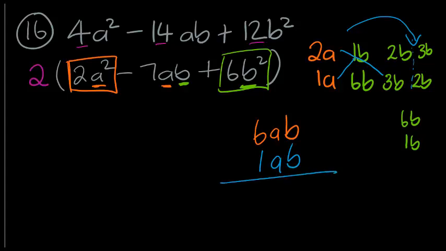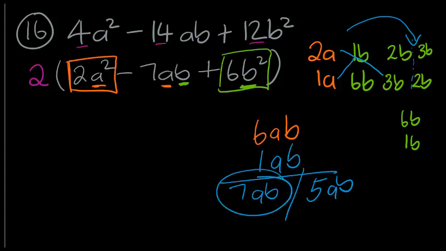If I add them up, I can either have 7ab, or if I subtract them, I can have 5ab. 7ab is exactly what I want. And I want a negative. So this becomes negative and negative. Minus 6 minus 1 gives me minus 7. Really, really easy. That makes sense.